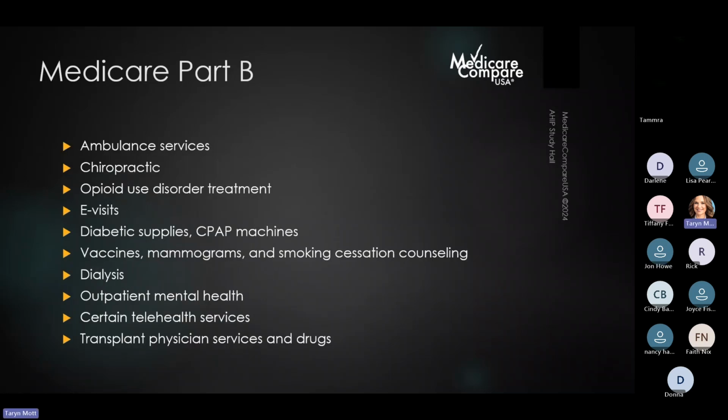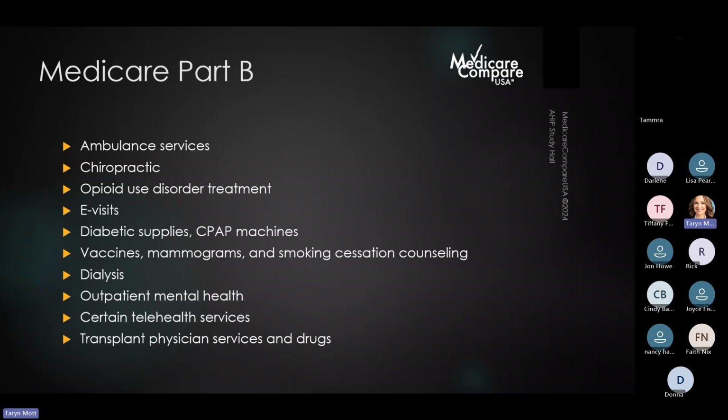Other parts of Medicare Part B, if you have Part A and Part B through Original Medicare: ambulance services, chiropractic, opioid use disorder treatment, not inpatient, e-visits, diabetic supplies, CPAP machines. Diabetic supplies and CPAP machines will also fall under that 20% coinsurance. Vaccines, mammograms, and smoking counseling are generally $0.